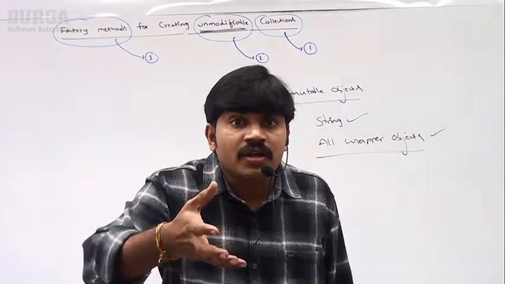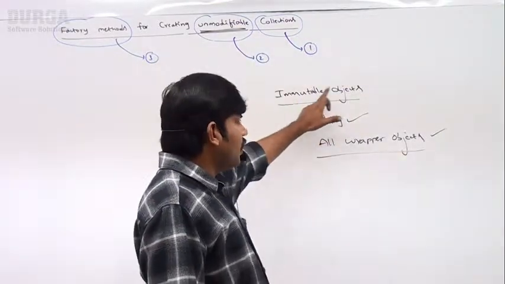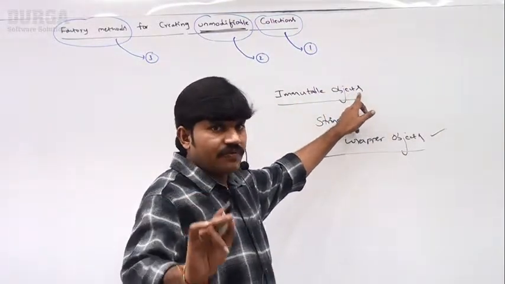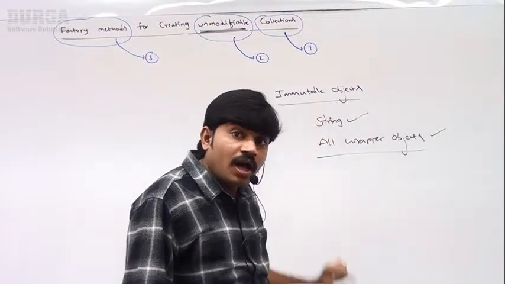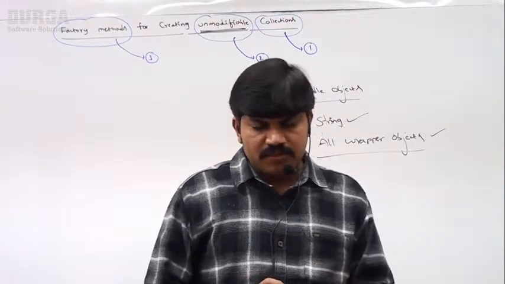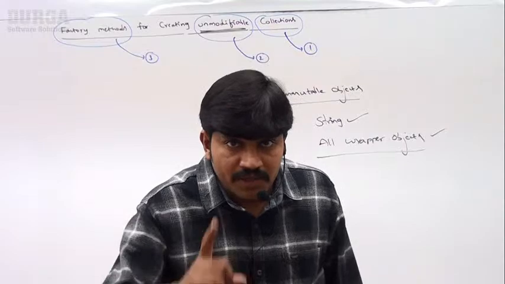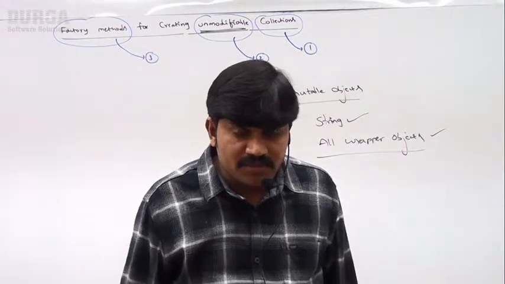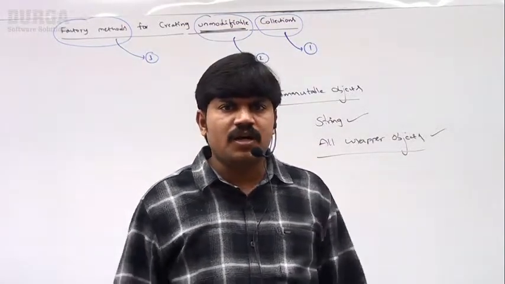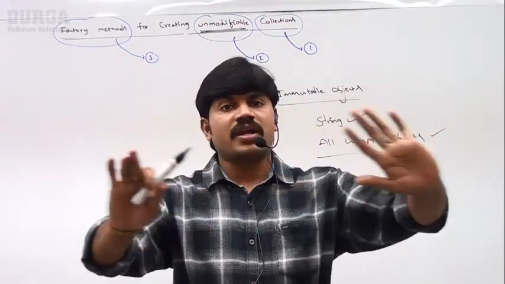Such a type of non-changeable objects are by default considered as immutable objects. Are you getting that? In Java, string objects are immutable. All wrapper class objects are also by default immutable, right? Then immediately you ask, sir, what is the need of having this immutable object? Up to this, is it clear what immutable objects are? Very simple, the name itself indicates, once you create an object, you are not allowed to change its content.